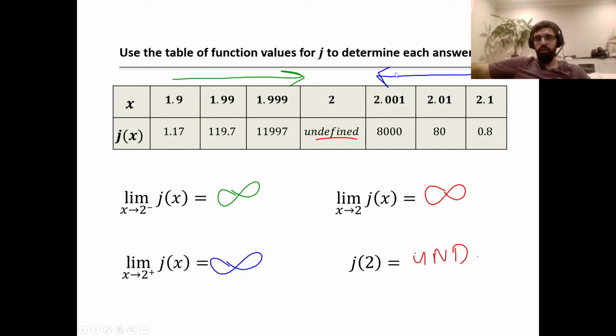We can see that we're not reaching any stable limit. The number just keeps growing crazy fast. So the limit as x approaches 2 from the right is also infinity. Therefore, the limit as x approaches 2 is infinity because the left and the right both agree. And the table tells us that j of 2 is undefined.